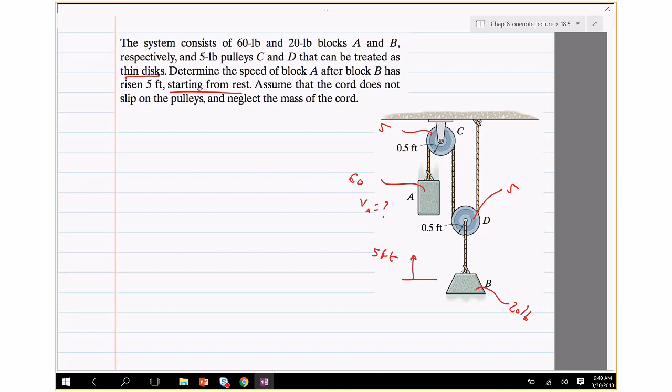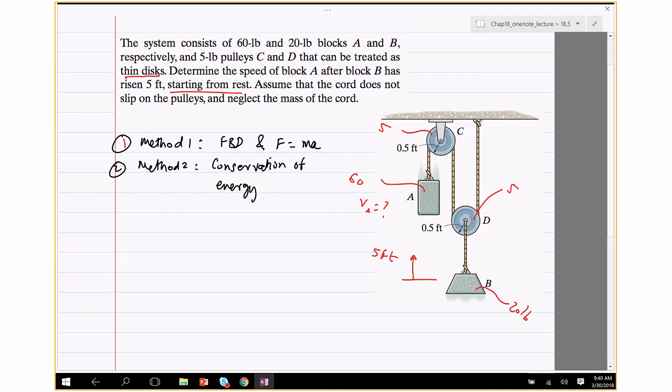So method 1: FBD and F equals ma will get you the answer. The second method is conservation of energy. So let's use conservation of energy to solve this.